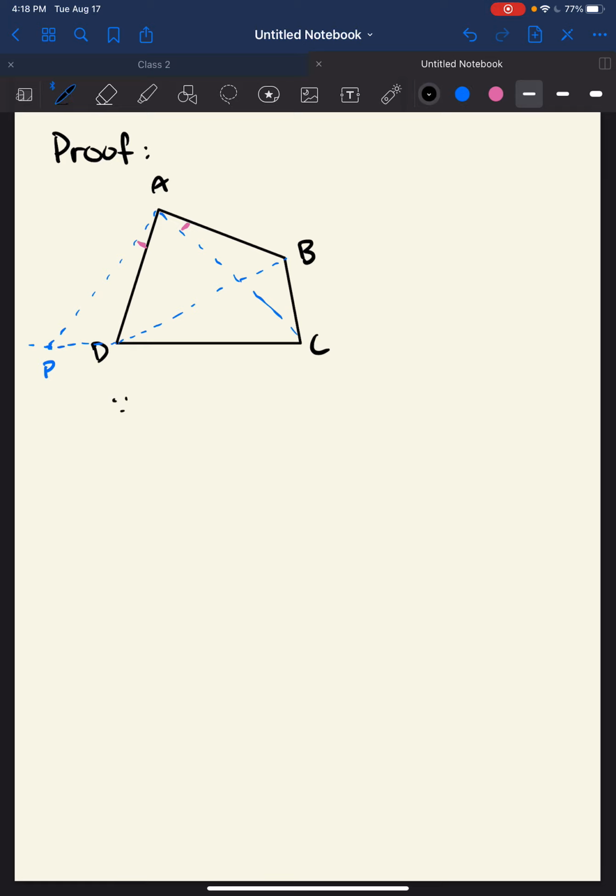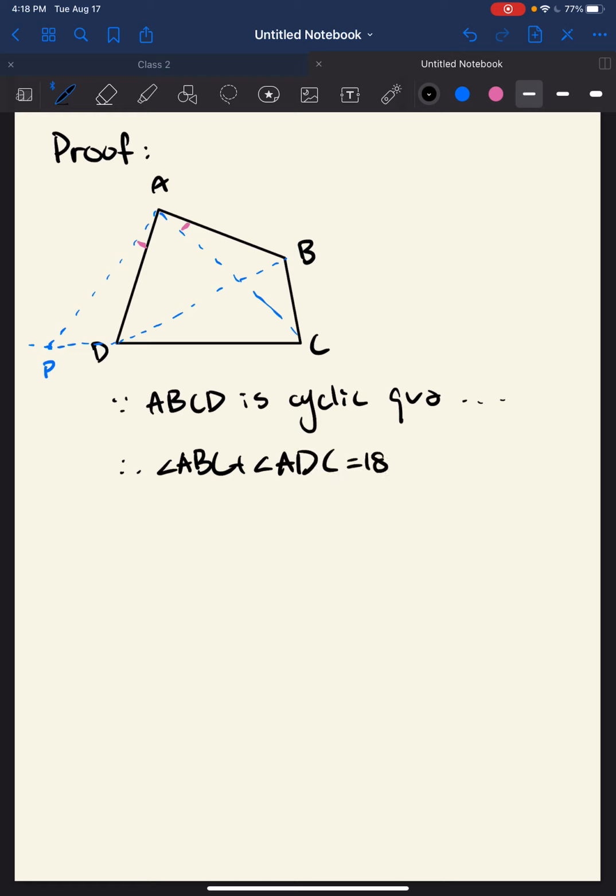Since ABCD is a cyclic quadrilateral, angle ABC plus angle ADC should equal 180, and this is the first fundamental property we talked about. Therefore, angle ADP should equal angle ABC, because angle ADP plus angle ADC also equals 180.